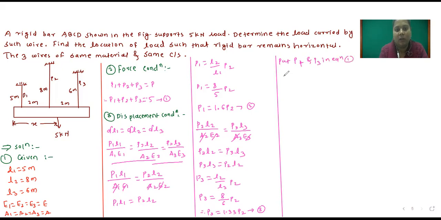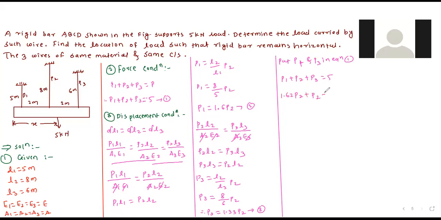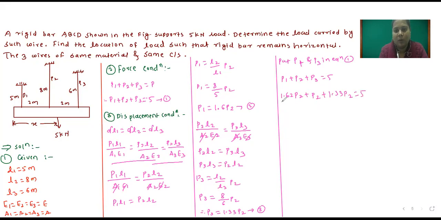Put P1 and P3 in equation 1. P1 plus P2 plus P3 is equal to 5. So P1 is 1.62 P2, plus P2, plus P3 which is 1.33 P2, equal to 5. So 1.62 plus 1 plus 1.33 is 3.95. 3.95 P2 is equal to 5.